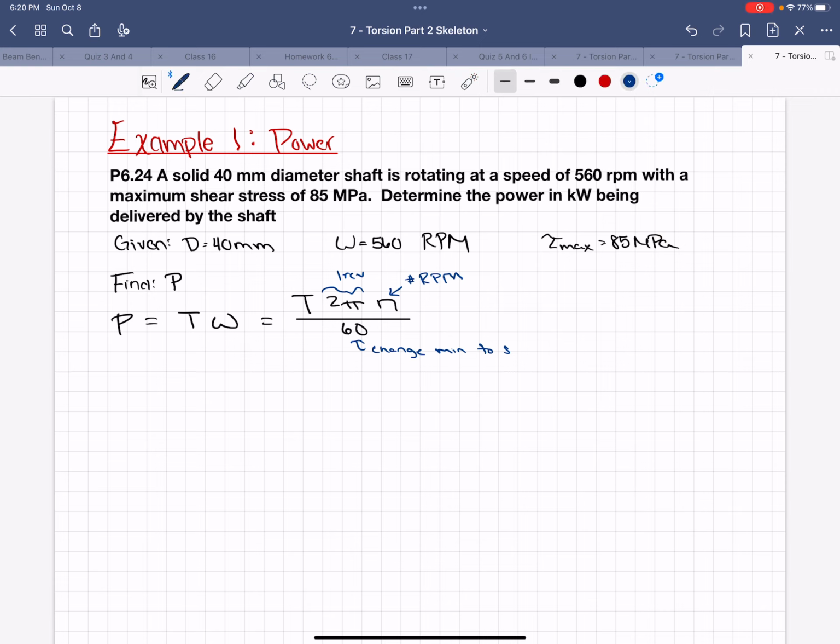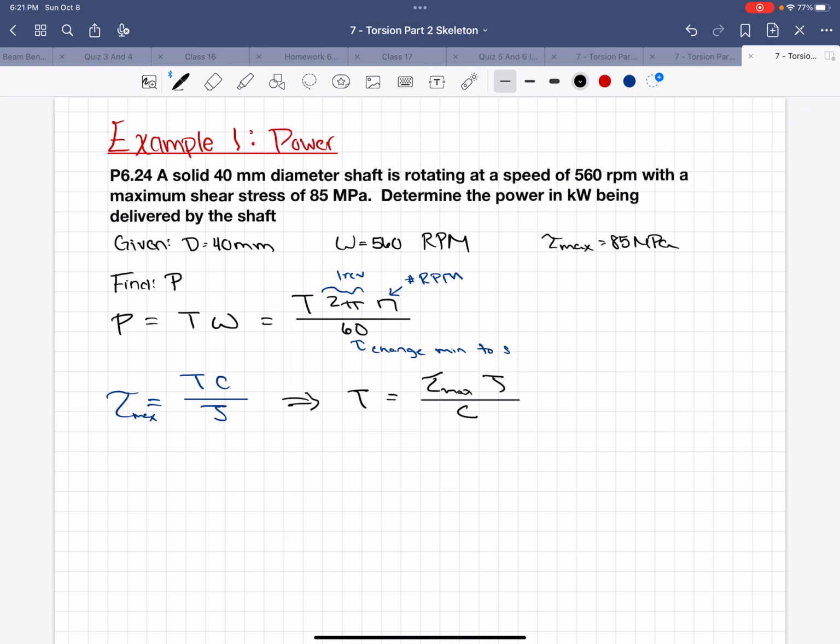So, we also know that the max shear stress, at the outside, equals the torque times the maximum radius all over the polar moment of inertia. All right, so we're going to solve that for T. So we'll get T equals tau max times J divided by C.